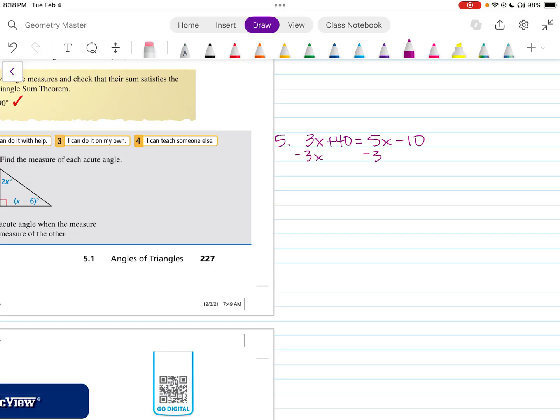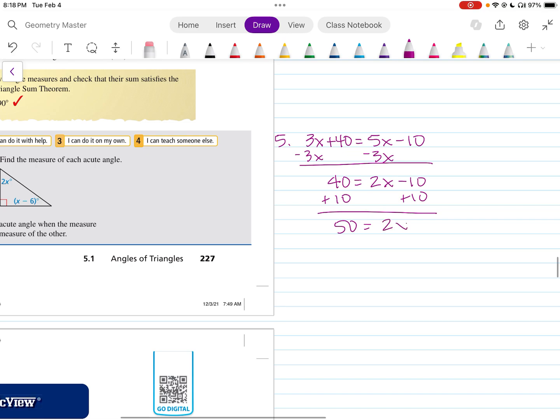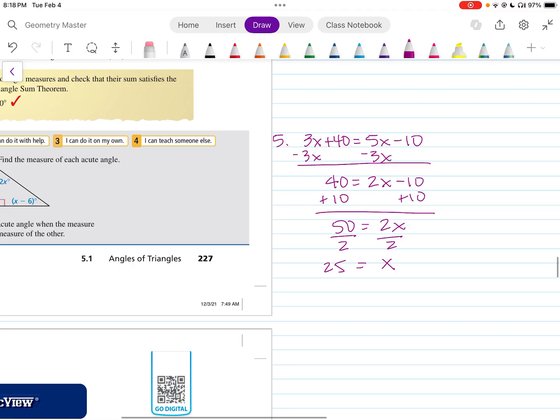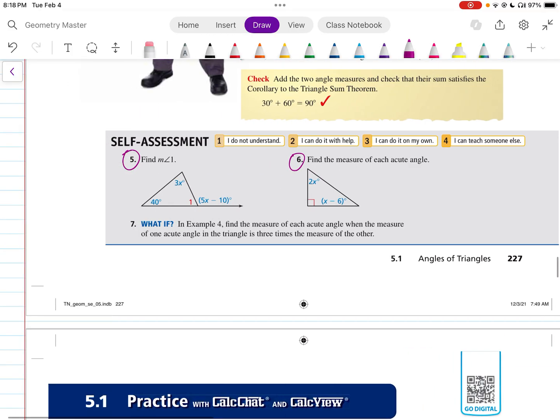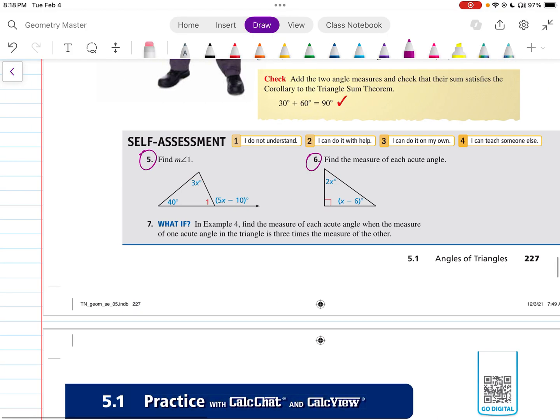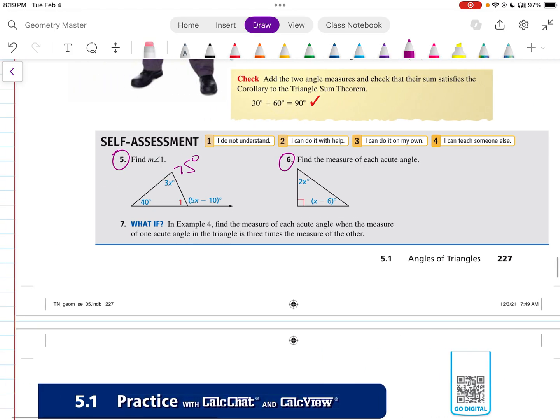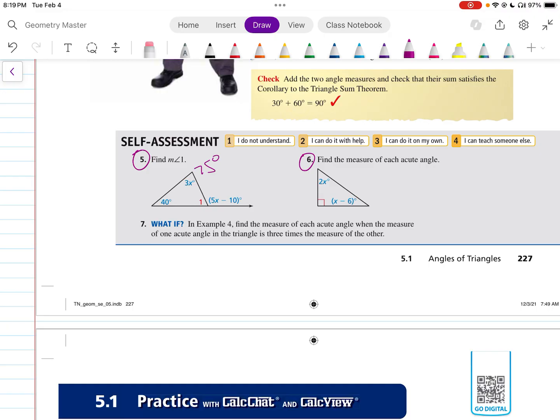Subtract 3x from each side. 40 equals 2x minus 10. Add 10 to each side. 50 equals 2x. Divide by 2. X equals 25. So this is 40. If x is 25, then 3x is 75 degrees. And 5x is 125 minus 10 is 115 degrees.